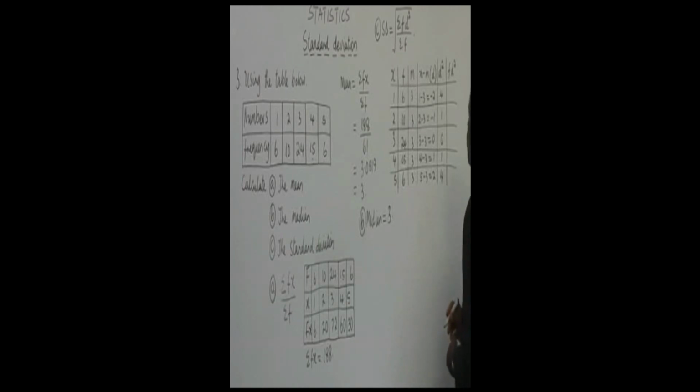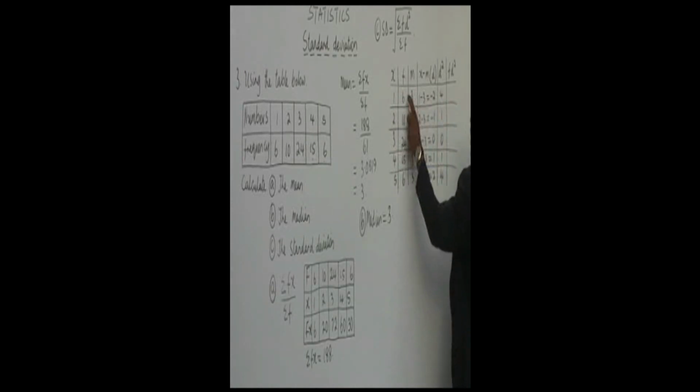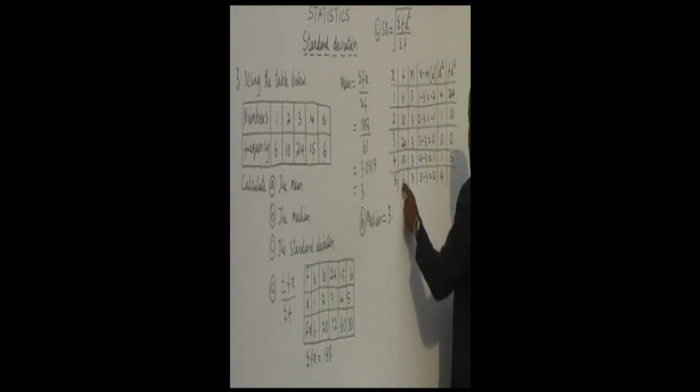Now, fd squared: begin to multiply the frequencies with the d squared. 6 times 4 will give you 24. 10 times 1 will give you 10. 24 times 0 will give you 0. 15 times 1 will give you 15. 6 times 4 will give you another 24.